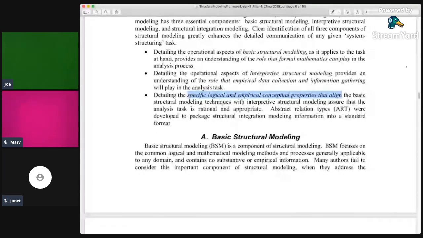So if we looked at, for example, insurance, the specific empirical conceptual properties, what is low, what is high, how does this model relate to the real world risk, then that data and those rules, the consequences, come from the real world. And putting them together in a set, of course, is in the interpretive structural integrative modeling area.